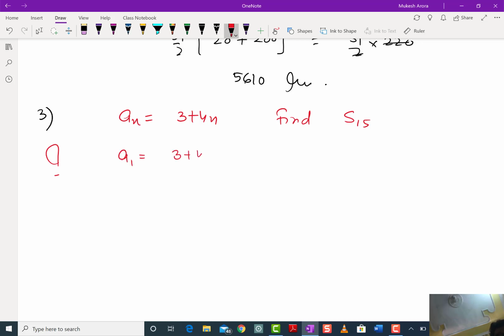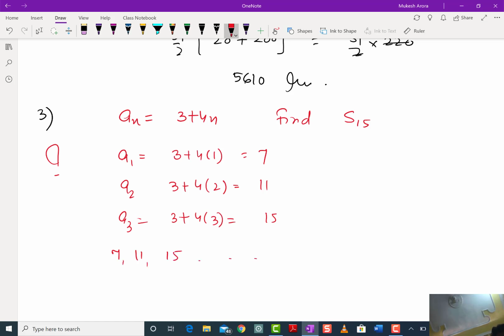A1 is 3 plus 4 into 1, 7. A2 is 3 plus 4 into 2, 8 and 3, 11. A3 is equal to 3 plus 4 into 3, 12 and 3, 15. So the series is 7, 11 and 15. So A is 7, D is 4. We have to find S15, n is 15.